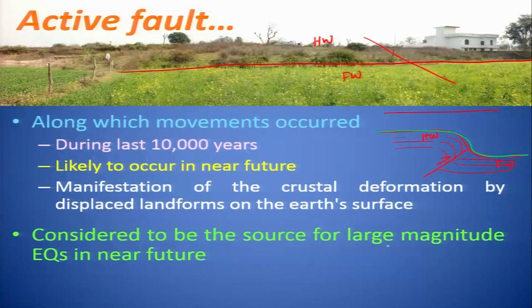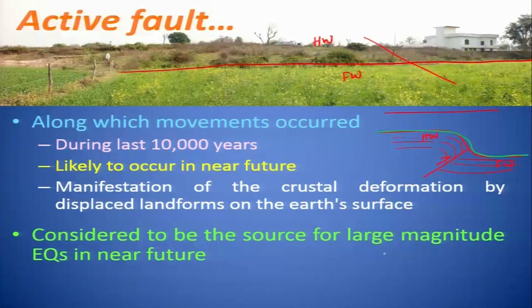So, when the fault moves and there is displacement or slip on the fault, it requires a lot of energy. The amount of energy required, we talk in terms of the magnitude. So, the larger the magnitude, the more the displacement, and the more area will get ruptured.